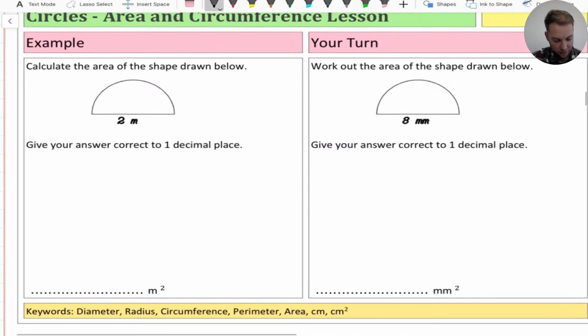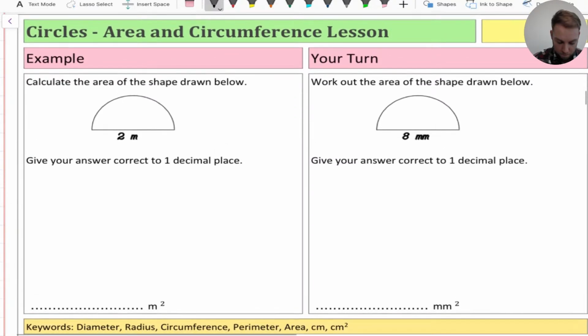So let's have a look at this one here now. Now this one here isn't that much trickier. We'll have a go at this one on the left. This one here is example 3. So get that one down on the left. It's not that much harder. Now this here is a semicircle, and a semicircle is when they cut a circle in half.